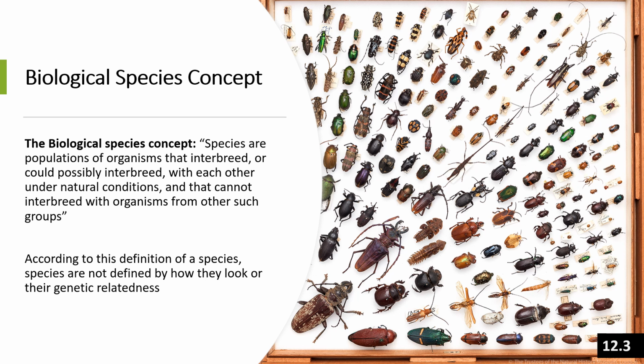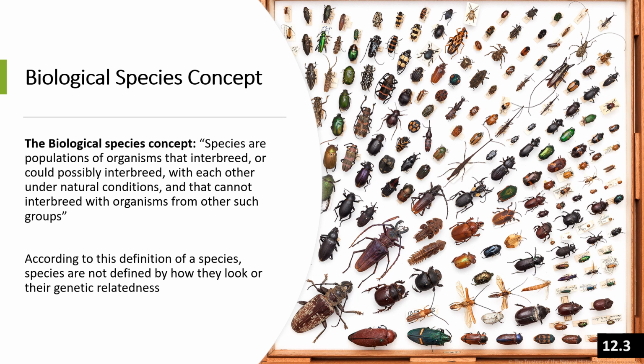The biological species concept defines species as populations of organisms that interbreed or could possibly interbreed with each other under natural conditions, and that cannot interbreed with organisms from other such groups. So again, the biological species concept focuses on the ability of organisms to successfully reproduce and produce viable offspring.